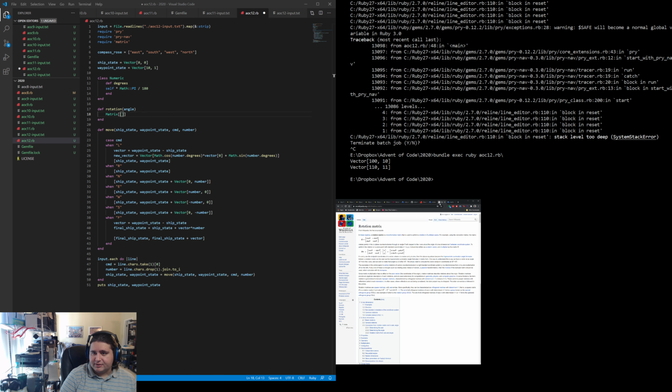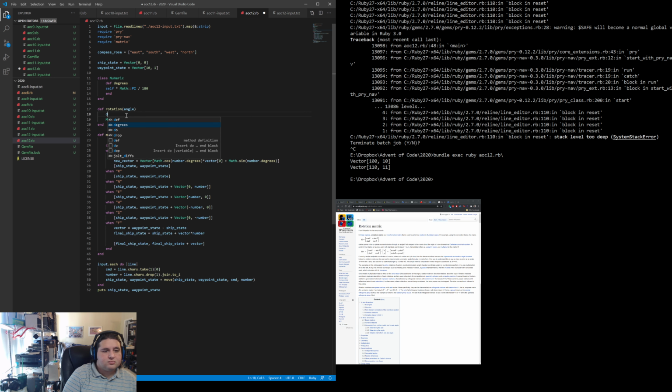And then the rotation matrix is, so we get that. We get negative 1 times math.sine of degree. Oh, yeah. Technically, this is the opposite of degrees. It's actually the non-degree. It's like go from degrees to radians. But whatever.